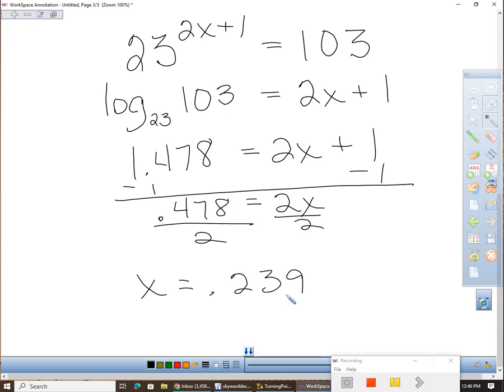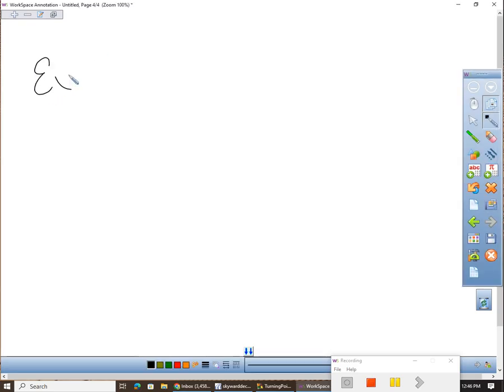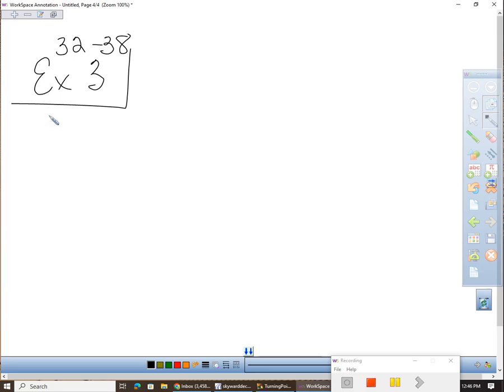Next, example number 3 then. We're going to jump down to problems 32 through 38. Here, they start off in log form. So let's say I have log 3x equals -1. We'll do that. Okay, so this is in log form.